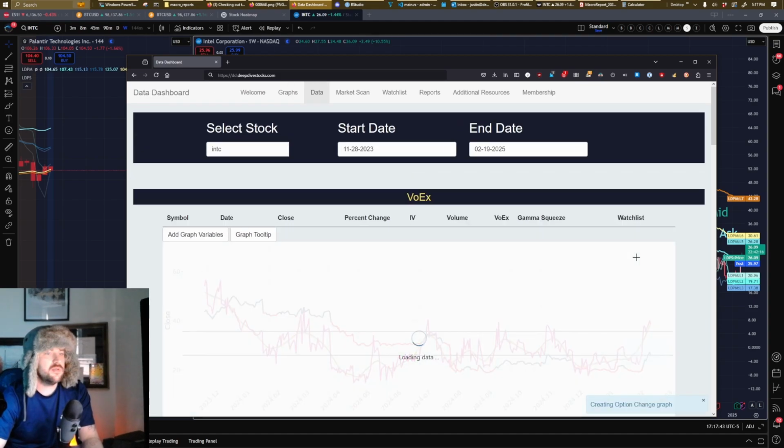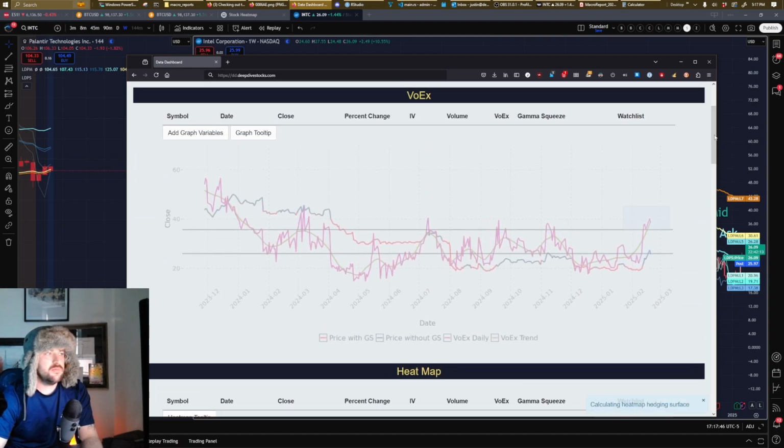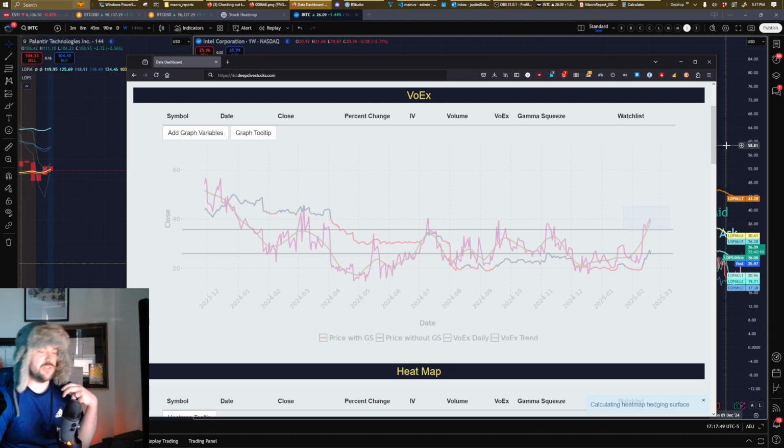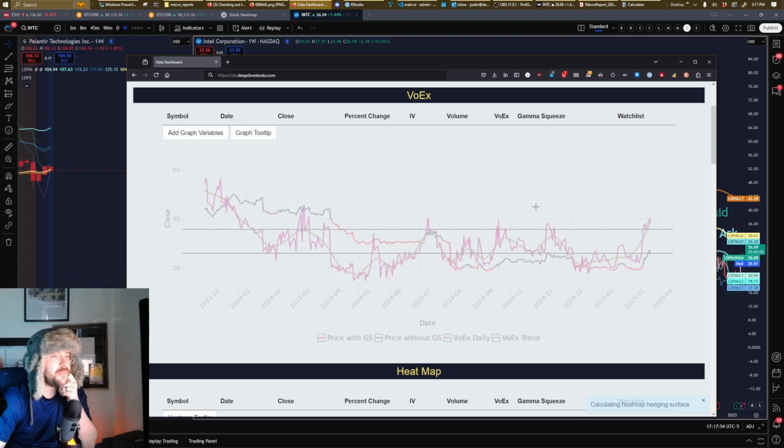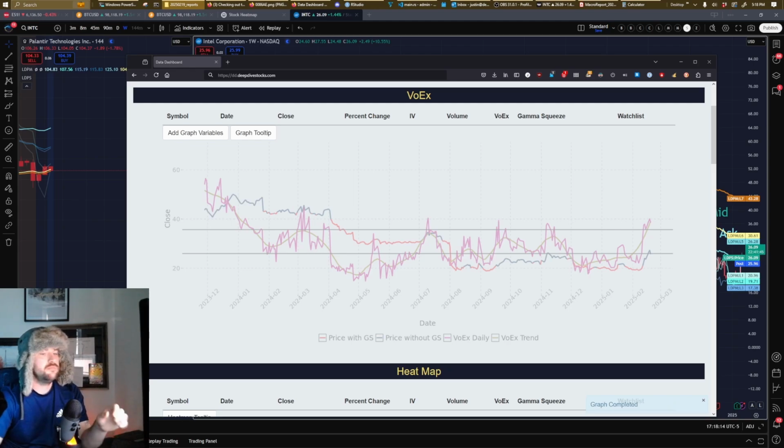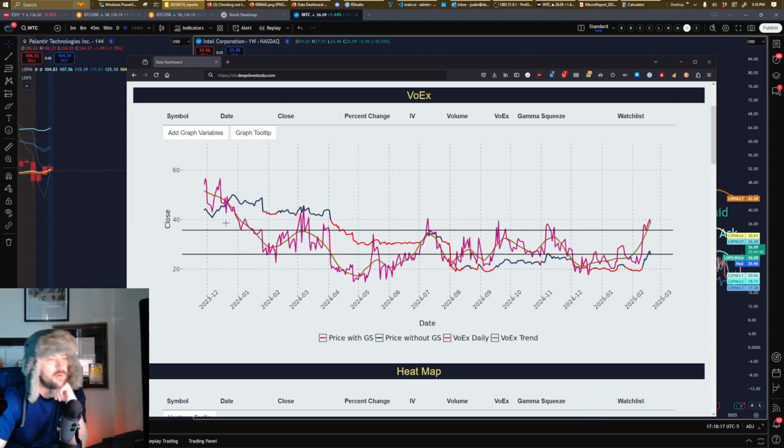Think of it as the measurement of stability or instability. There are 3 zones with Varix. With this version, right here in the middle is stability.